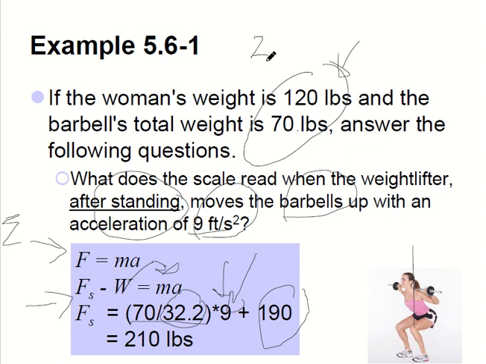This 32.2 is in feet per second squared, because we have to cancel the feet per second squared. That's why we divide by that. You will end up with pounds at the end, because this 32.2 feet per second squared is your acceleration.